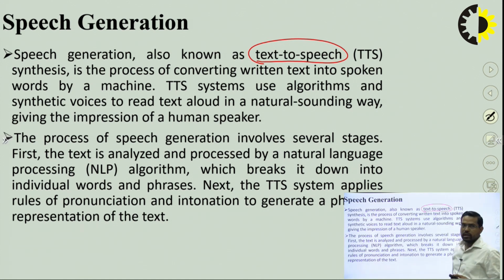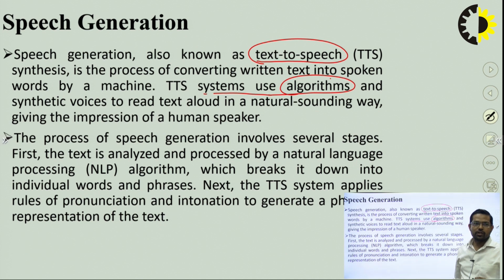Basically, just like Alexa and Google Assistant, which we already use, you ask a question and they answer that particular question. TTS systems use algorithms and synthetic voice to read text aloud in a natural sounding way, giving the impression of a human speaker.